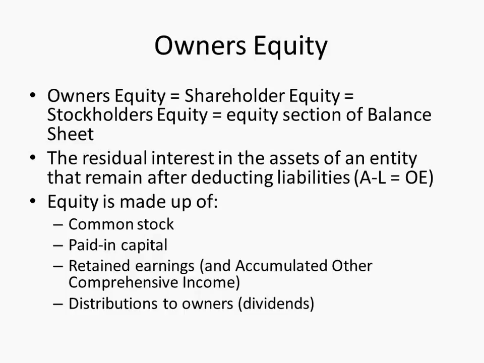Yeah? So can you just go over distributions to owners one more time? Yeah, so distributions to owners. You have owner's equity, right? You have the owner's equity section, and you have retained earnings in that section, right? That's the net income that accumulates over time. Companies may decide to give dividends, right?